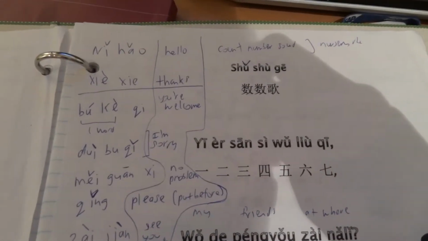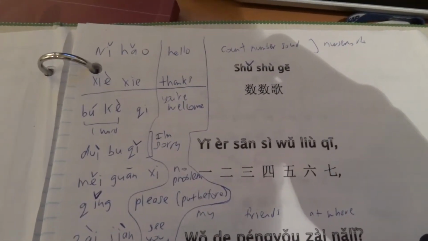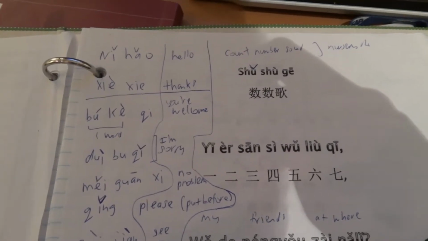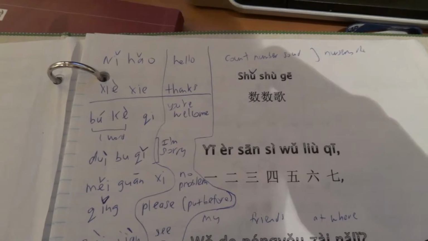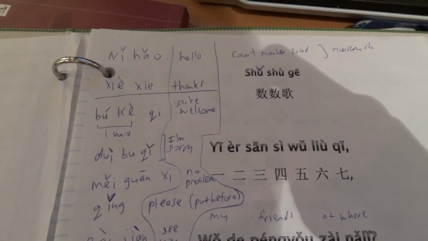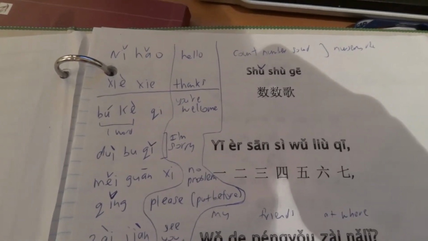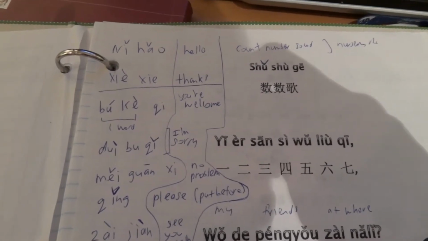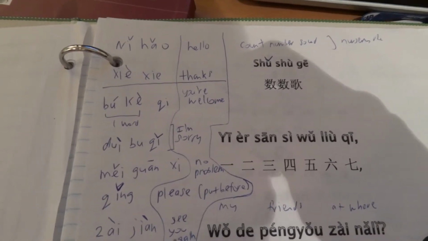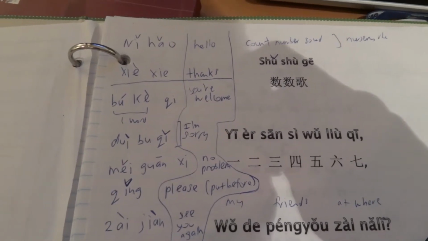Okay, so here is some more stuff. Some common phrases to say. For hello, it's 你好. For thanks, it's 谢谢. For you're welcome, it's 不客气.